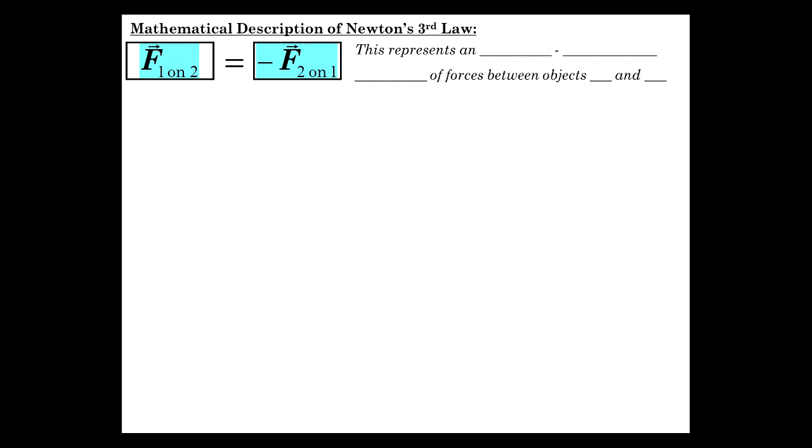Speaking of the mathematical definition of Newton's law, let's give that definition, namely that F of 1 on 2 equals minus F of 2 on 1. So what does this mean? Well, it represents an action-reaction pair of forces between object 1 and object 2.